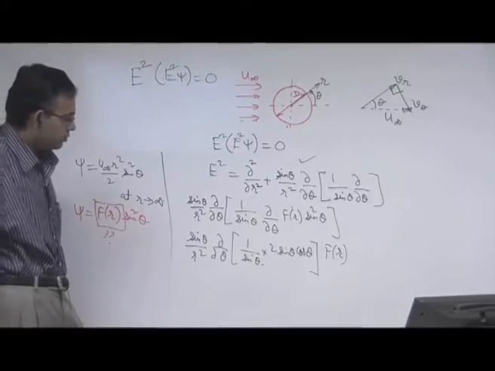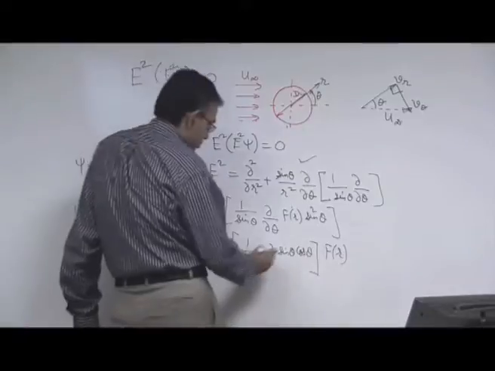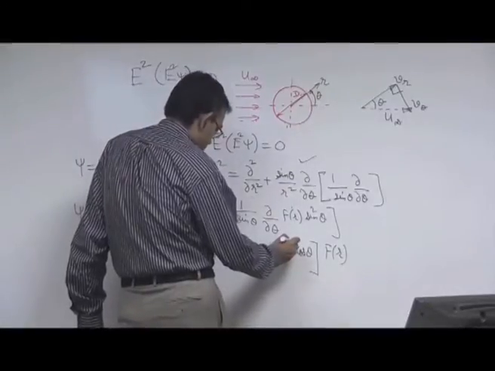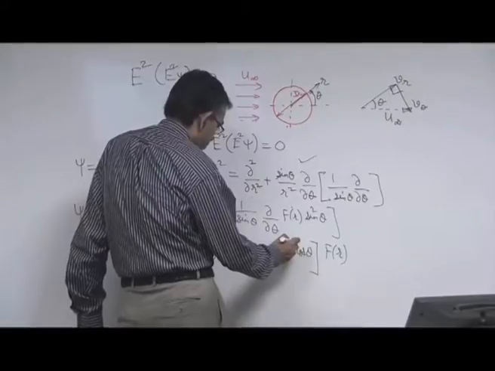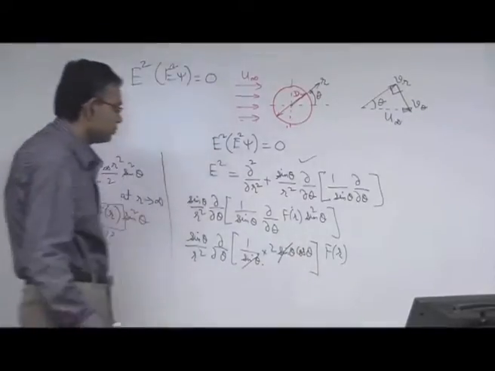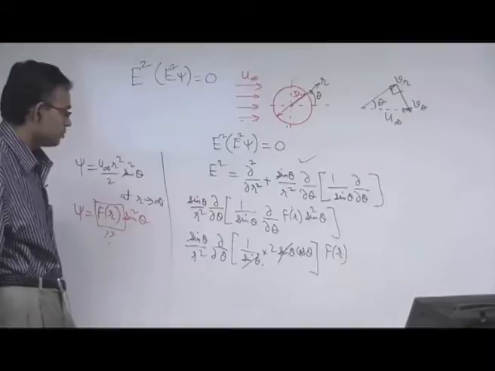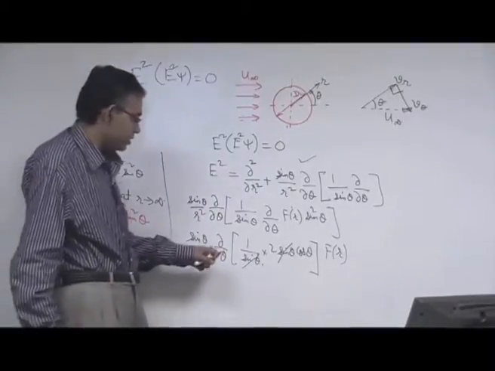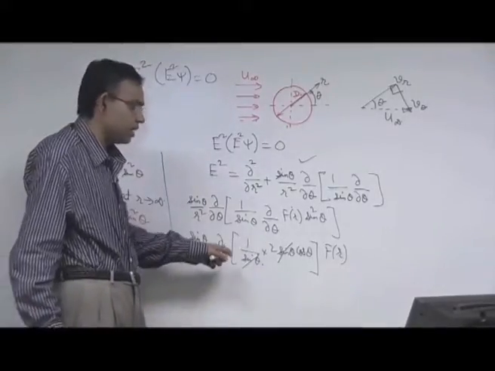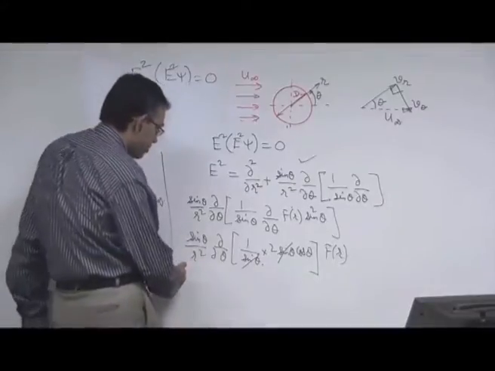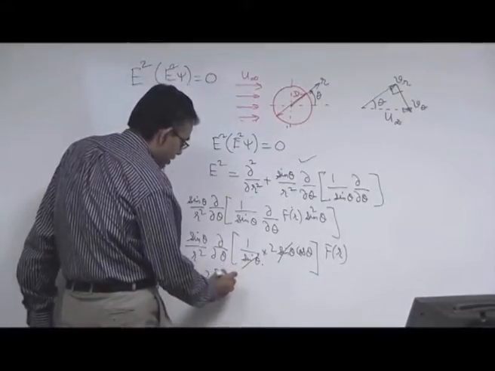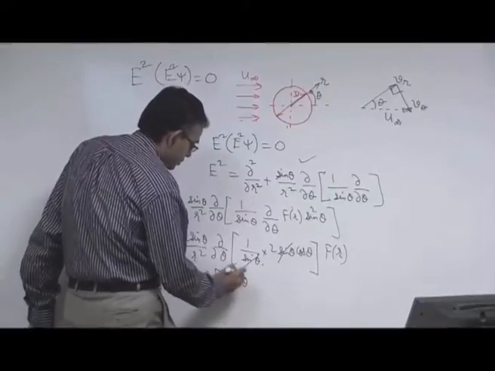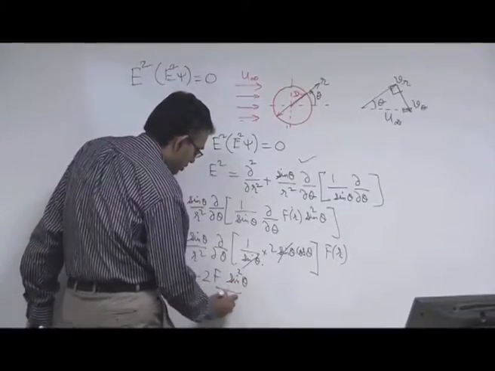Now, this becomes del theta of cos theta becomes minus sin theta. So, this becomes minus 2 f sin theta sin square theta by r square.